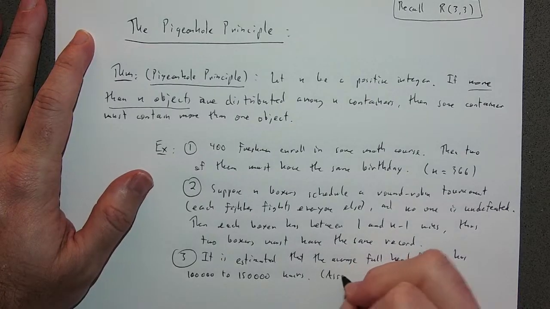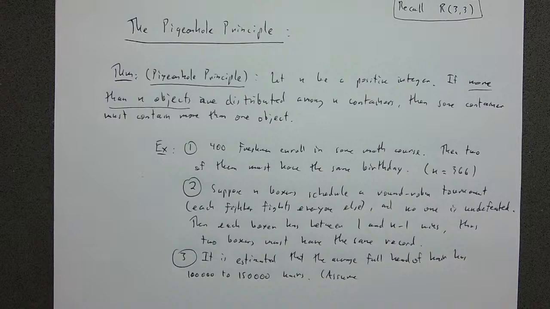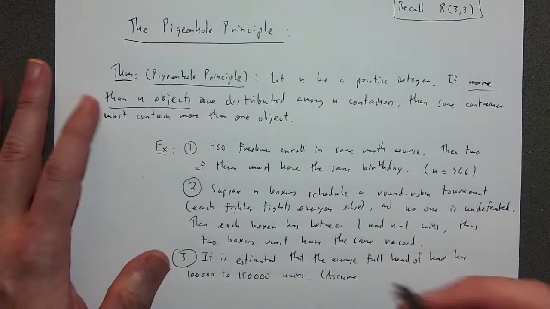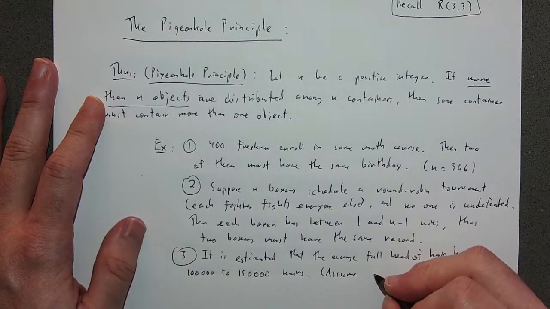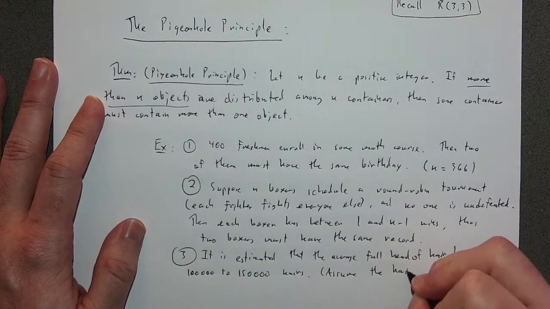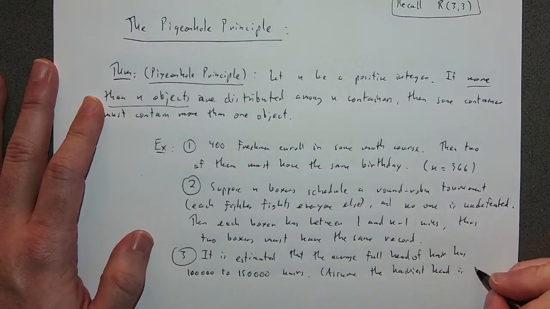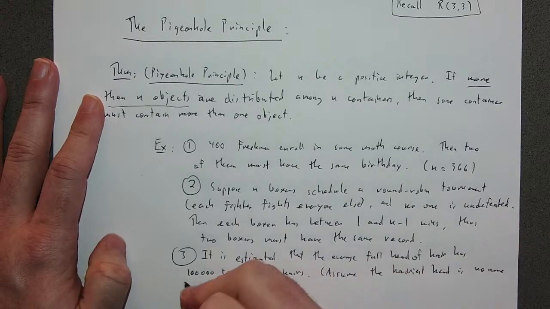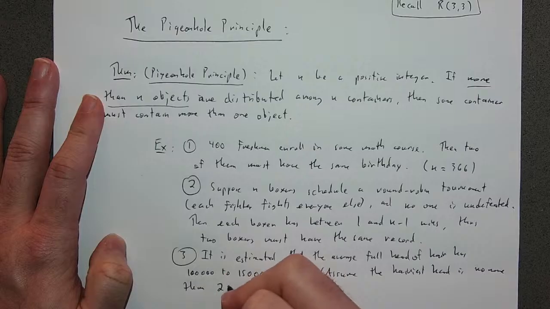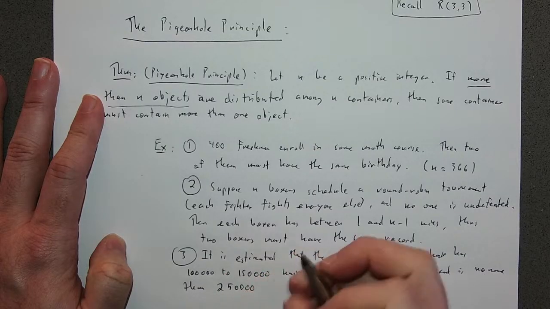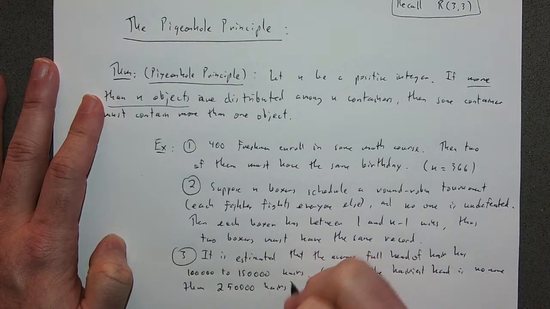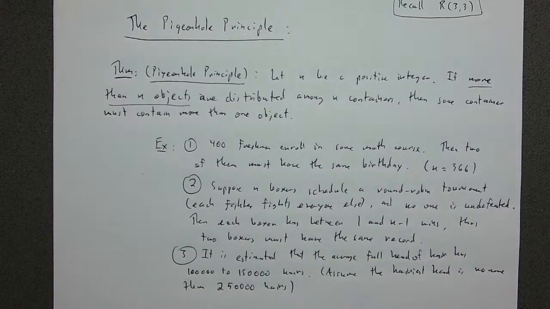Assume, just to put an upper bound on this, assume that no head has more than 250,000 strands of hair. So we have some upper bound. So assume that the hairiest head is no more than 250,000 hairs.